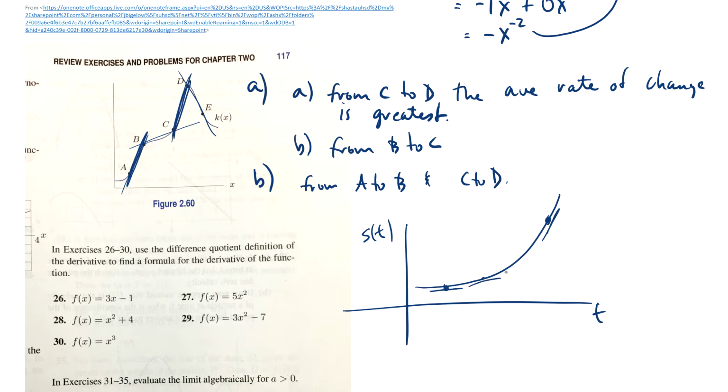And I'm slowly getting faster and faster, right? But what's my average rate from A to B? Well, how far did you go? You went S of B minus S of A. That's the distance you traveled divided by the time. Okay, that is the slope of the secant line.